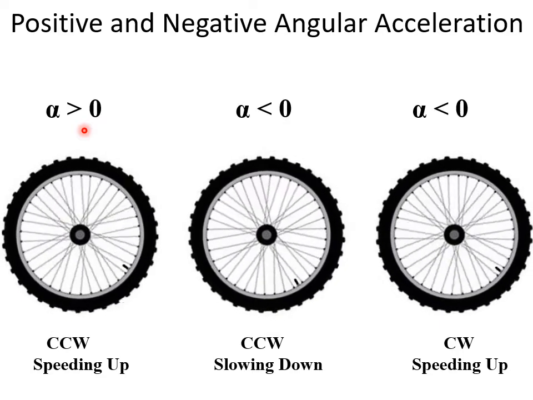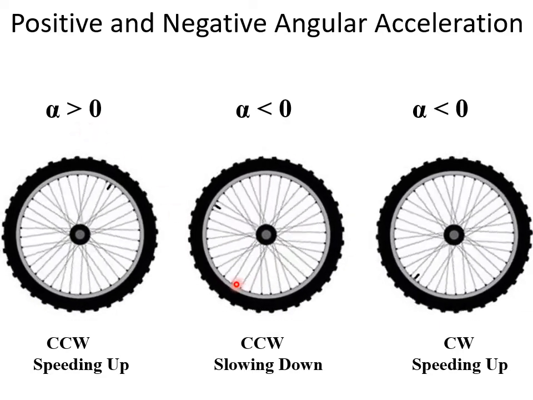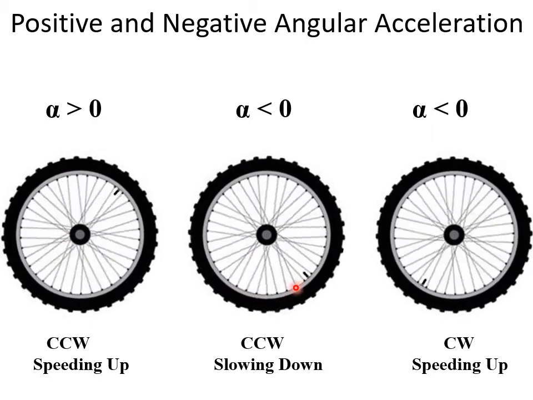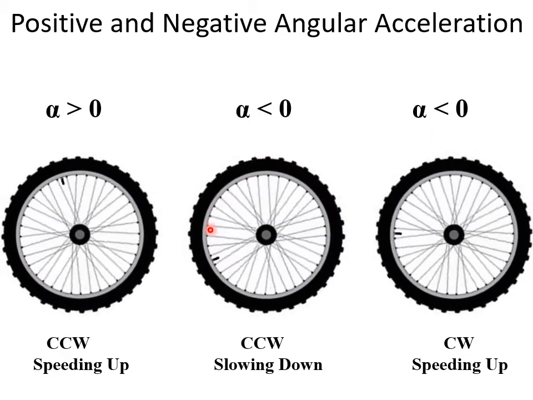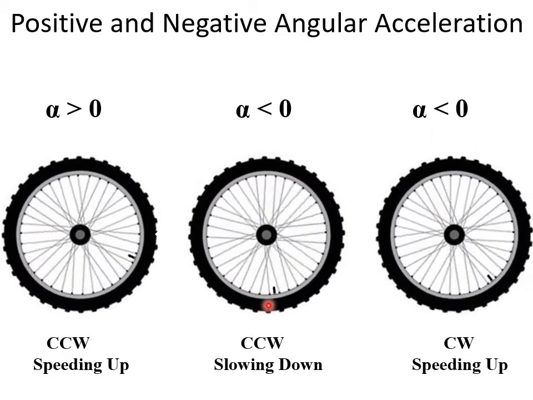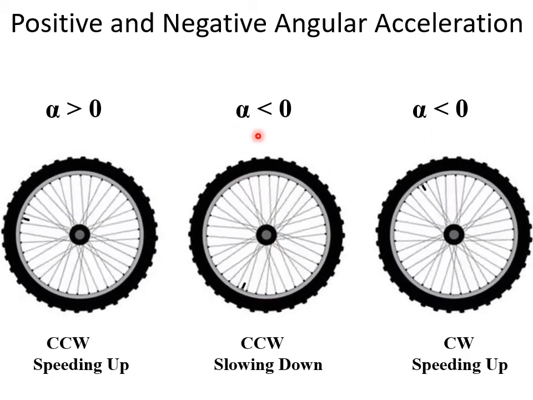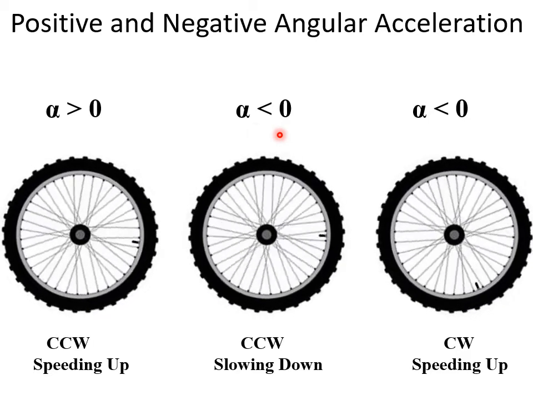The angular acceleration is greater than 0. On the other hand, let's say that the counterclockwise rotation starts fast like this, and then it slows down with time. You can think of this as angular deceleration, or alpha is less than 0. This is a negative angular acceleration.